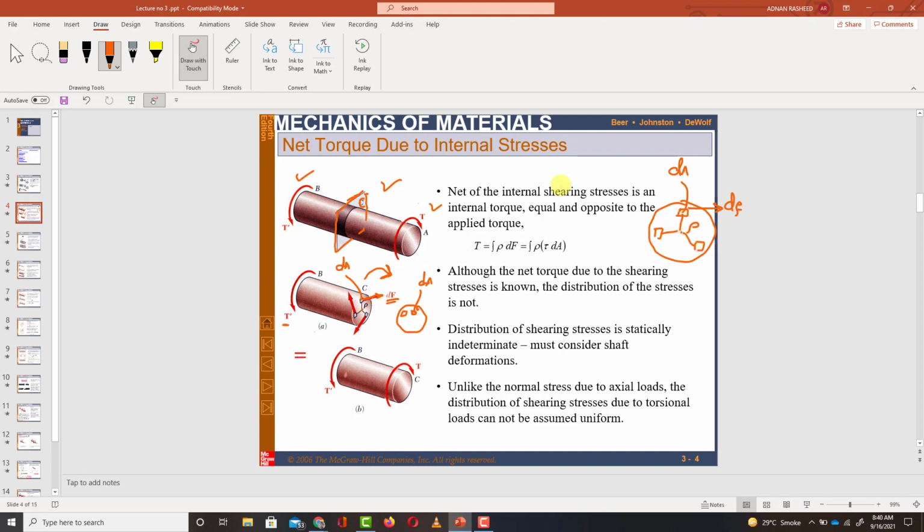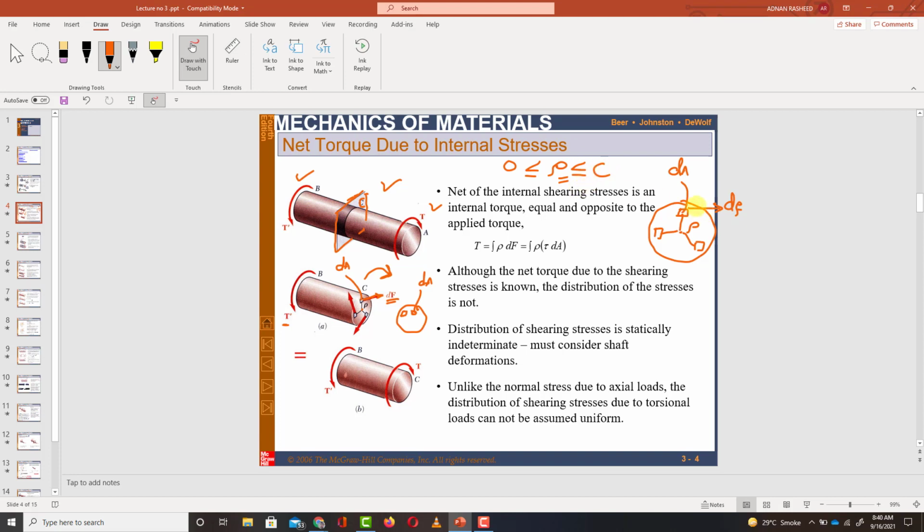Now what is rho? In this chapter, rho is used for the radius, and it is a variable radius. What does variable radius mean? Rho is greater than or equal to 0 and less than or equal to C. Now what is C?